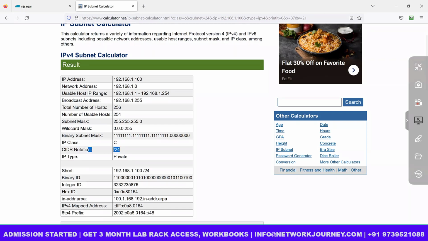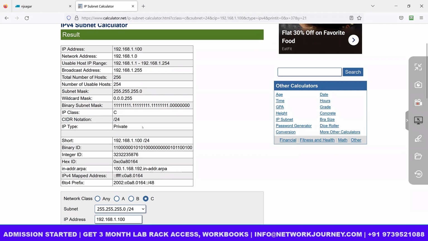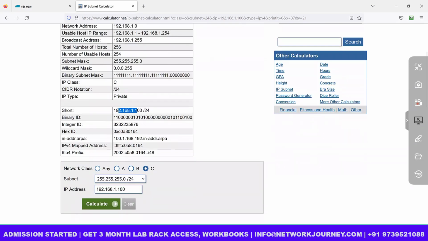So this is a class C representation, or it's also /24. It's a private network. I'll tell you why it's called a private network. This is the short way of writing it. This is the binary ID. This is the integer value of this whole number, hexadecimal of this, and so on. So this is a good tool to understand the flow.